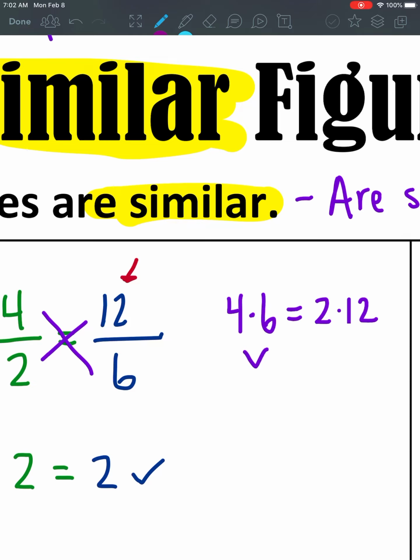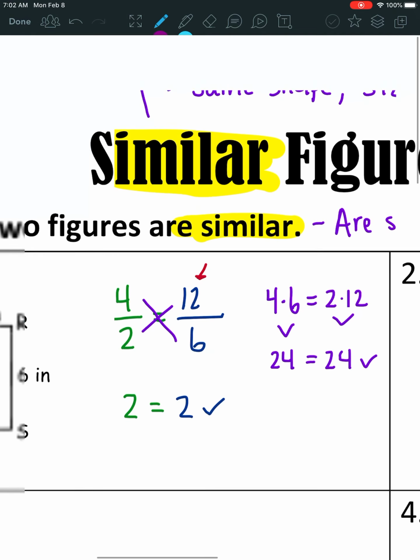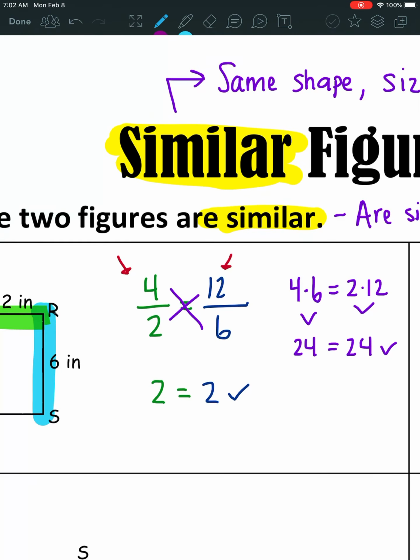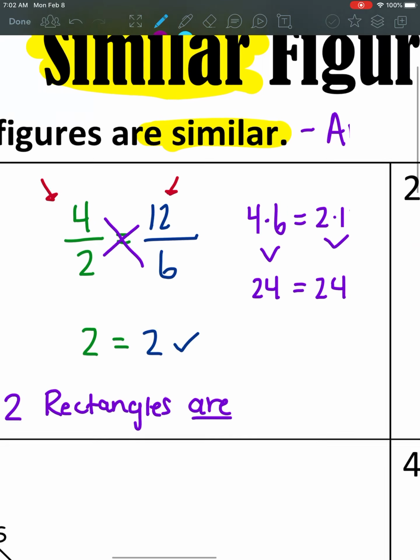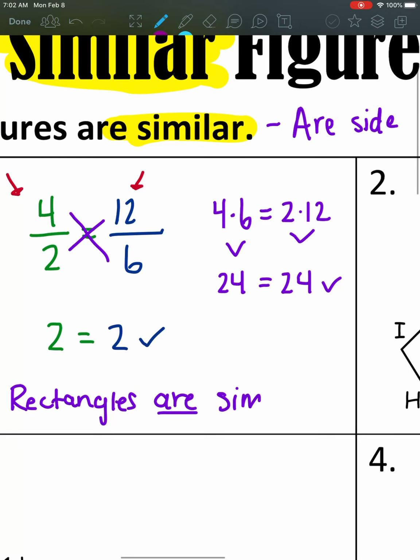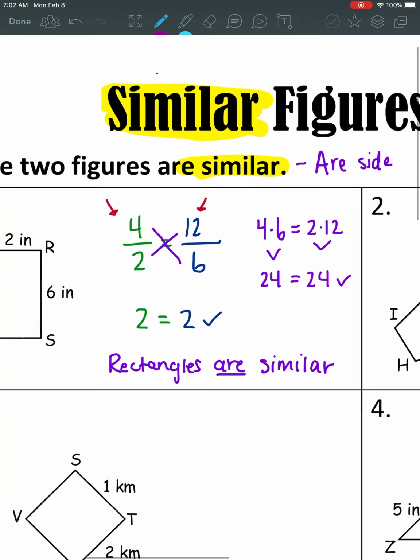So 4 times 6 is 24, 2 times 12 is also 24, so that is a true statement. So we know that these two rectangles are similar. And that's what we're answering. We're deciding if they are similar figures or not.